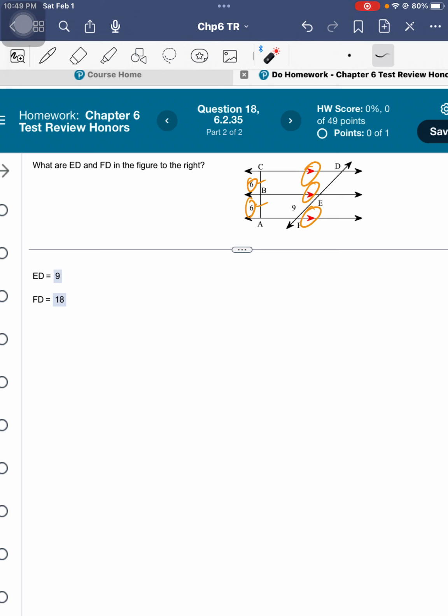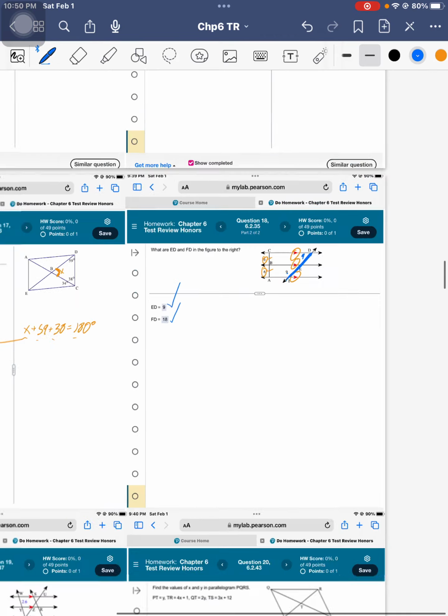So let's look at this 9. If this EF is equal to 9, then what does the DE have to be? Also equal to 9. So now I know ED or DE, it doesn't matter, is 9. And FD, this whole line segment right here, would have to be 9 plus 9, which is 18.